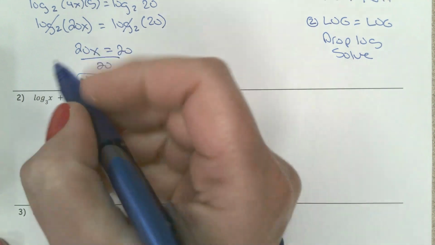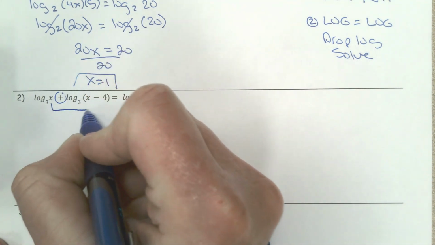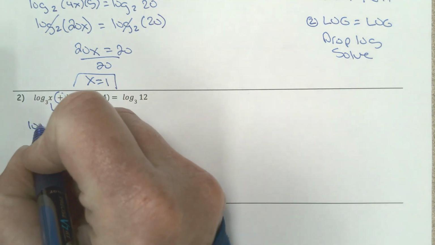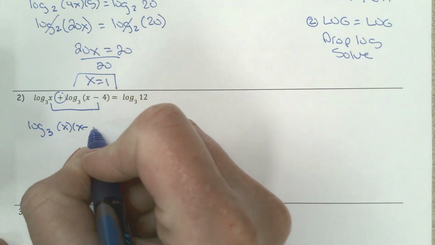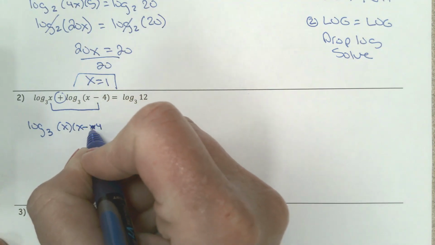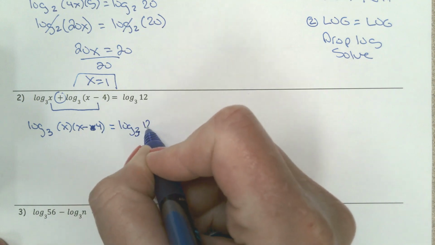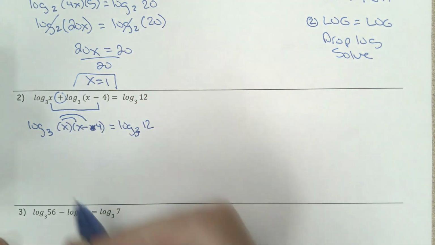Number 2. On the left, I have log plus log. So I'm going to condense that with multiplication. So I have log base 3 of x times x minus 4 equals log base 3 of 12. I'm going to distribute to clear parentheses.